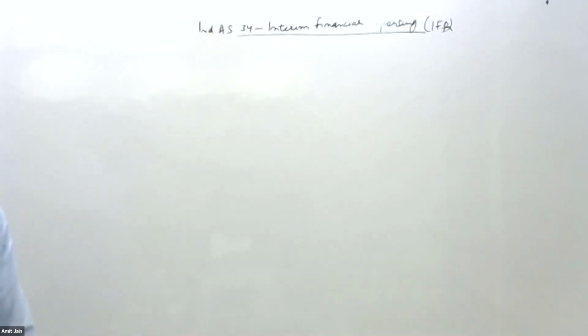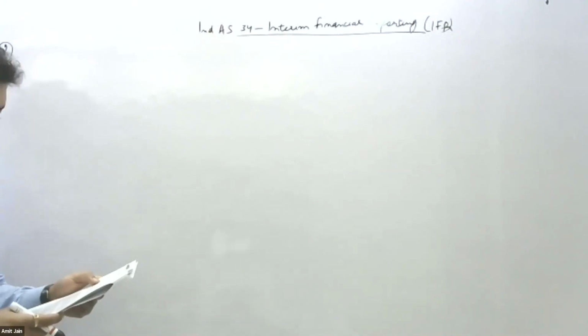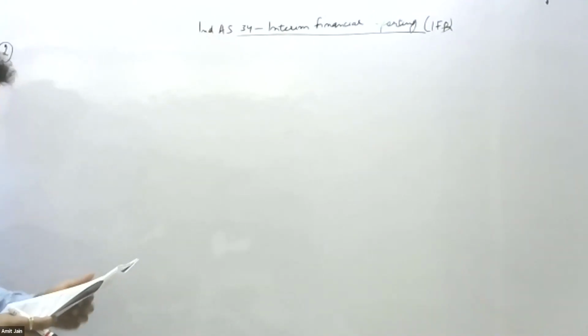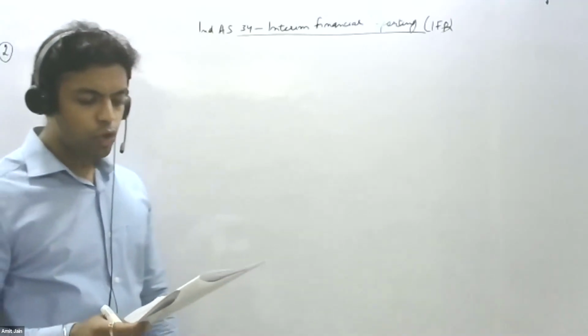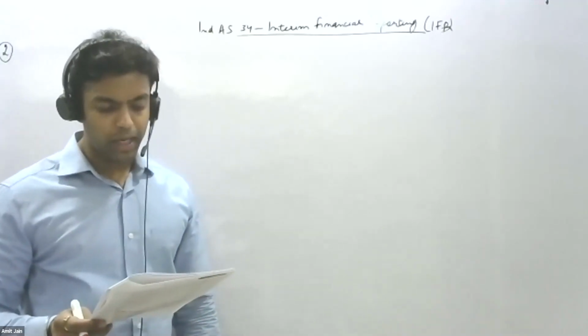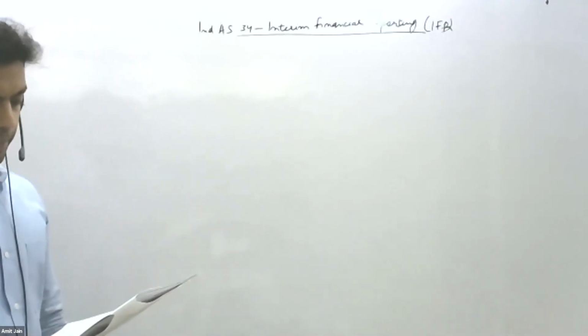Okay, practice question number 2. Narayana Limited provides you the following information and asks you to calculate the tax expense for each quarter, assuming that there is no difference between the estimated taxable income and the estimated accounting income.